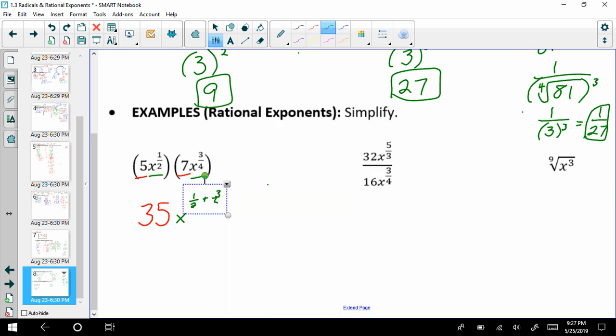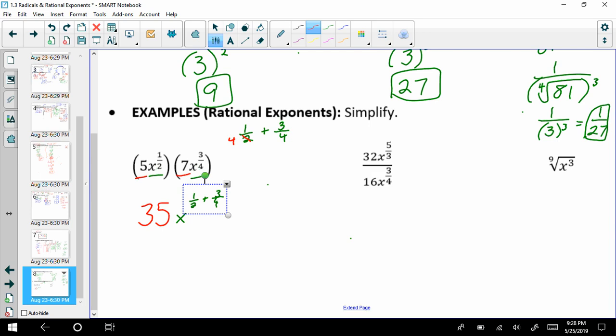Now last time it was a little easier because they were whole numbers. Now these are fractions. So off to the side here, I have to do 1/2 plus 3/4. To add fractions, if you think back to elementary or middle school, you need a common denominator. So the common denominator of 2 and 4, I can make this guy a 4.